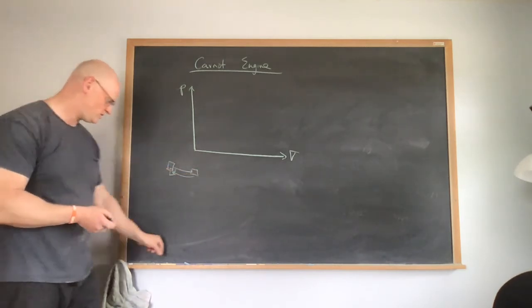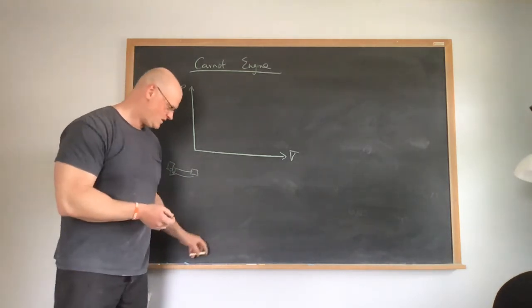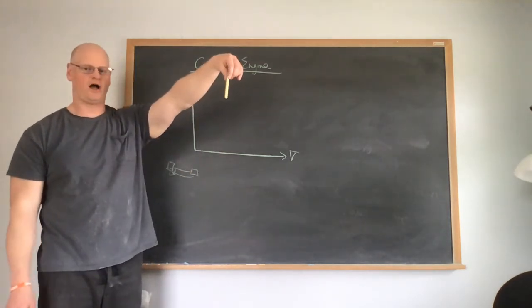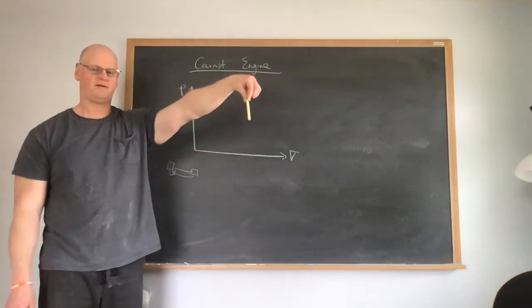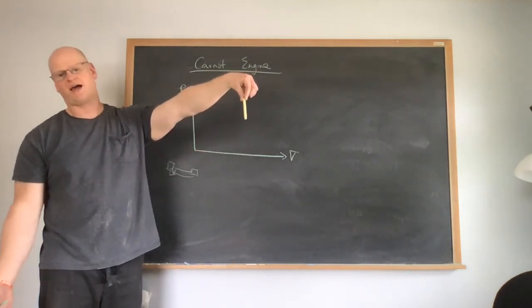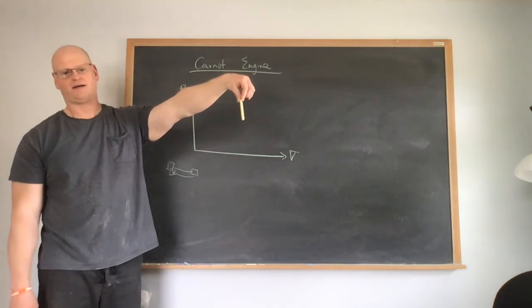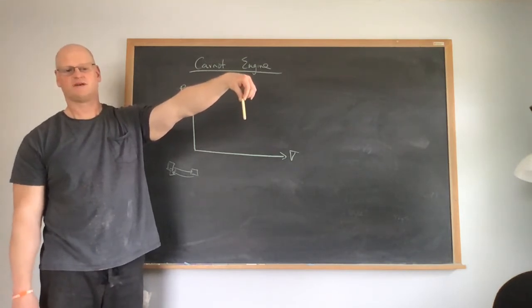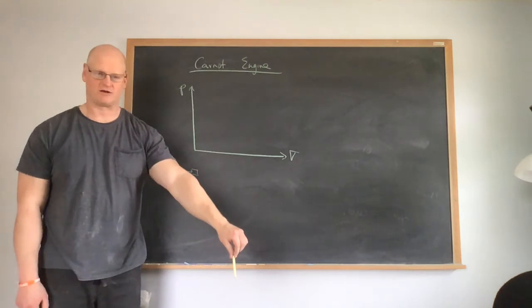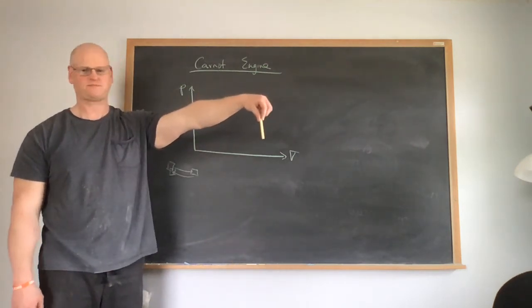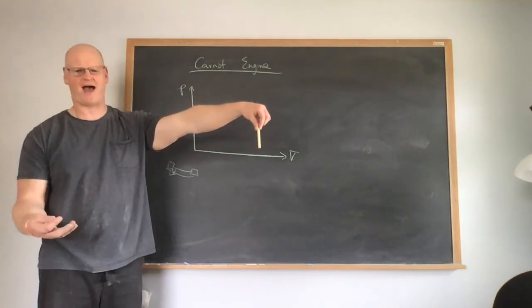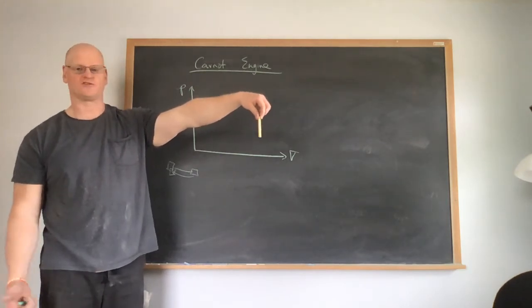As opposed to gravitational potential, where if I start off with this chalk, and I move it down, and I move it back up, now I've gained back the amount of energy which I lost, right? If I start off here and go down here, I'm losing gravitational potential energy. But if I come back to the original position, I have gained all that energy back, which means that this is a reversible process.